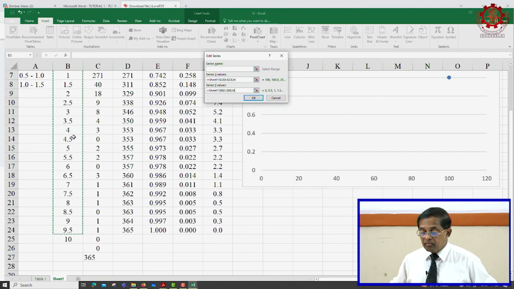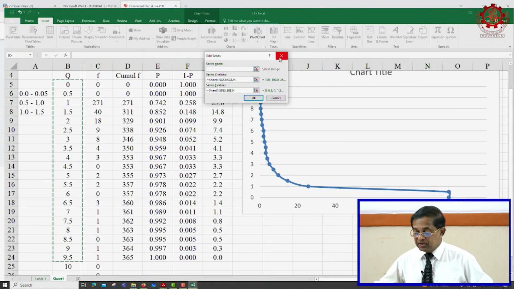Flow rate here. Now, you get the flow duration curve.